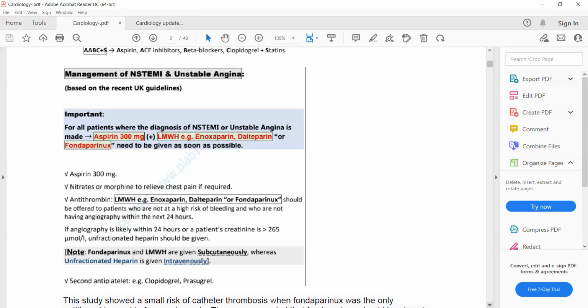Low molecular weight heparin will be given if the patient is not undergoing angiography within the next 24 hours. If he is undergoing angiography within the next 24 hours, then unfractionated heparin will be given. Also, if there is renal failure, then unfractionated heparin will be given.